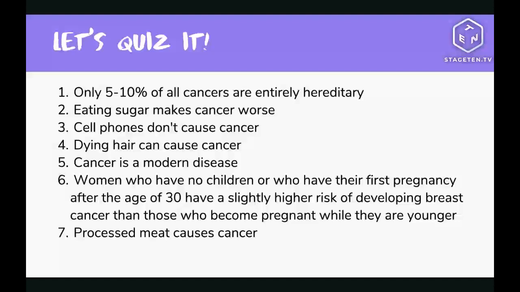According to the best studies completed so far, cancer is caused by genetic mutations, and cell phones emit a type of low-frequency energy that doesn't damage genes. Statement number 4: dyeing hair can cause cancer.